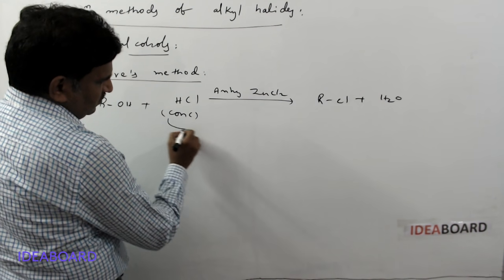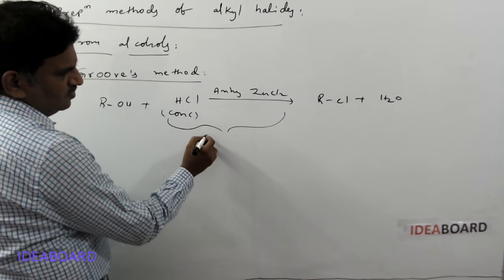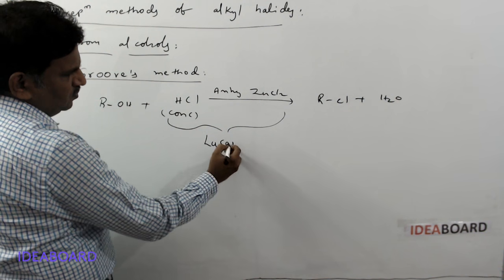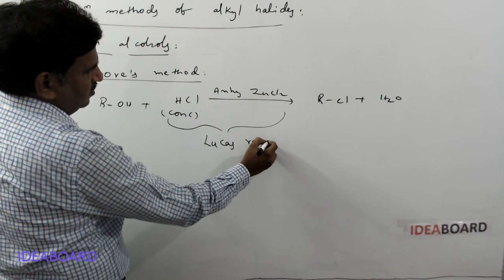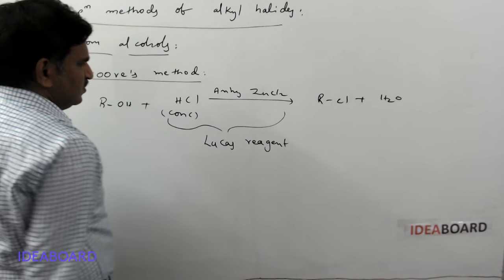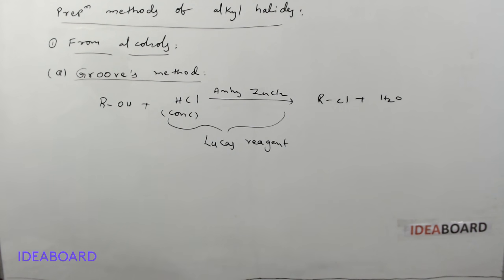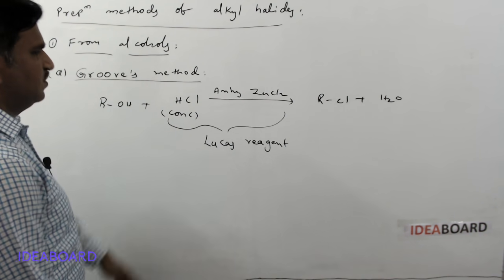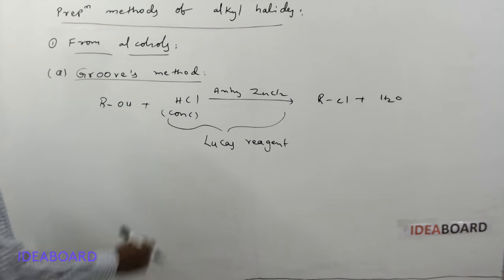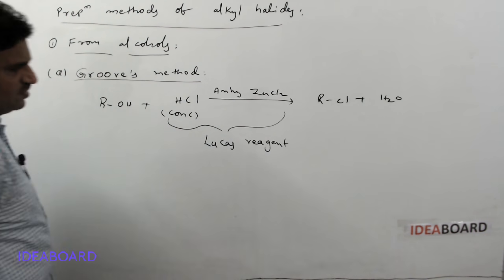The mixture of concentrated HCl and anhydrous zinc chloride is also called Lucas reagent, and this process is called the Groves method.